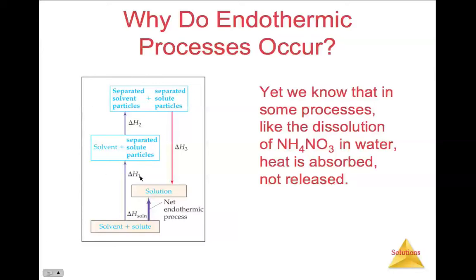If you look at this enthalpy diagram, you can see that the first two enthalpies, H1 and H2, take more energy than the third portion of the solution making, the attraction between the solute and the solvent particles, therefore making a net endothermic process.